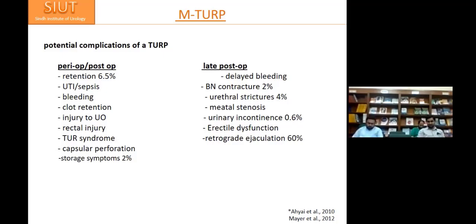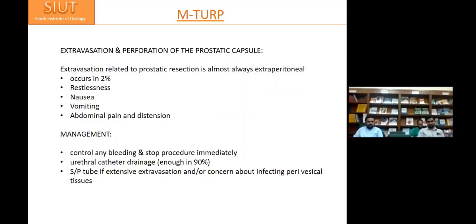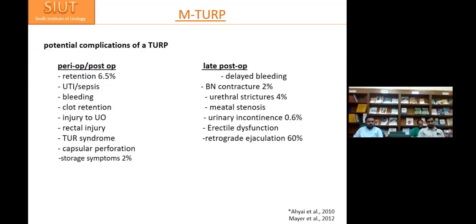Post-op delayed bleeding occurs at 4 to 6 weeks due to sloughing of the eschar of the prostatic fossa, and bladder neck contracture in 2% of patients. Urethral stricture is seen in around 4%, meatal stenosis, urinary incontinence, erectile dysfunction, and retrograde ejaculation, which is significant, about 60%. That's why newer technologies are being introduced to decrease this percentage.